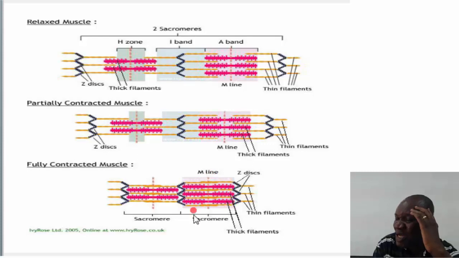So in the contracted muscle, you don't have an H zone because of the sliding of the thin filament over the thick filament and the reduction of the Z line. Reduction of the sarcomere, the width of the sarcomere. Now, even though the width of the sarcomere is reduced, the length of the thick and thin filaments remain the same.